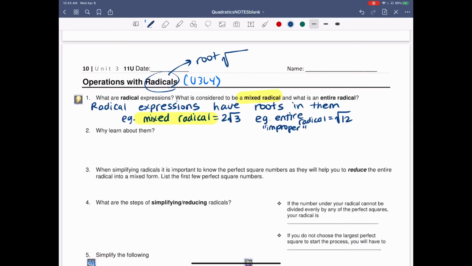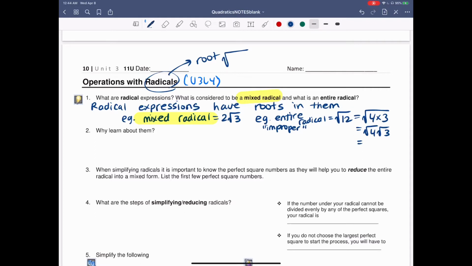There are other numbers like 2 and 6 and 1 and 12, but is it divisible by a perfect square? Yes, it is. It is divisible by 4 and 3. So you can break that apart, or you can write it so that it's under the square root separately. So there are 2 ways of writing that.